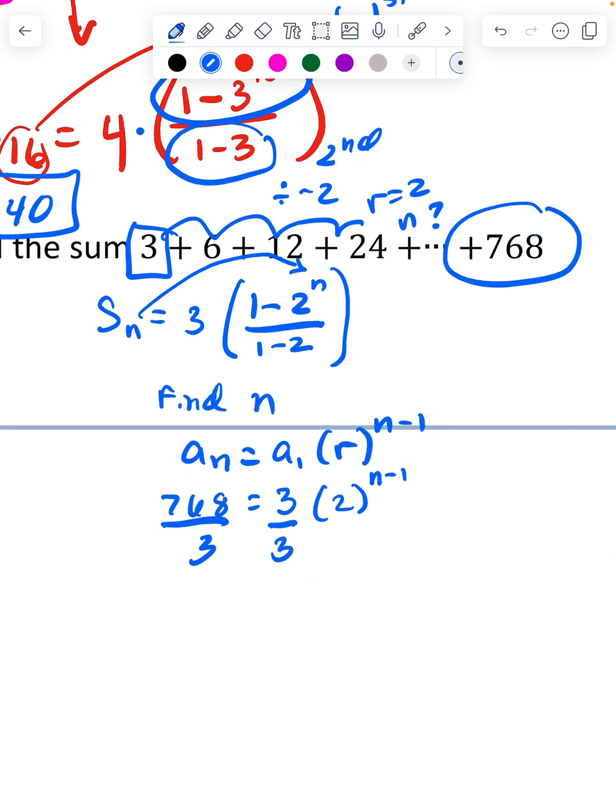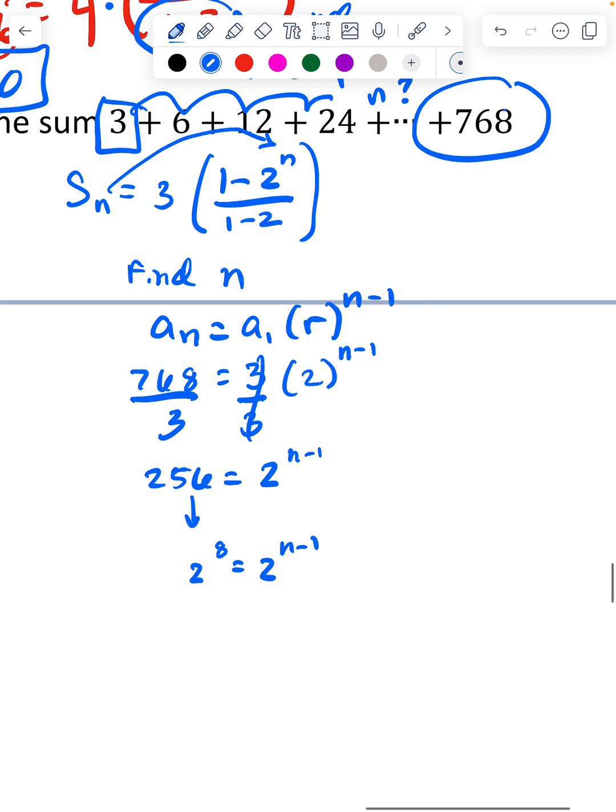So dividing by 3, I have 256. And so now I have to think or use my blue card to figure out what power of 2 will make 256. And if you look at that, you end up with 2 to the 8th power.